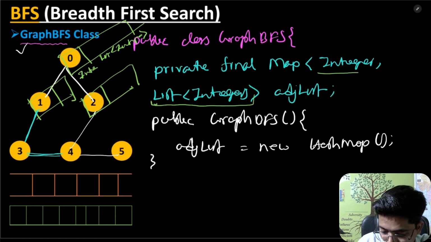If it is present in visited, it will return false. Let's say 5 is present here, so that will return false. In this case we won't run that program, and if it is not present, we'll get true. So we'll be checking that condition.